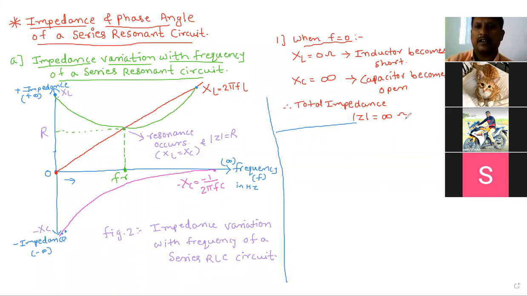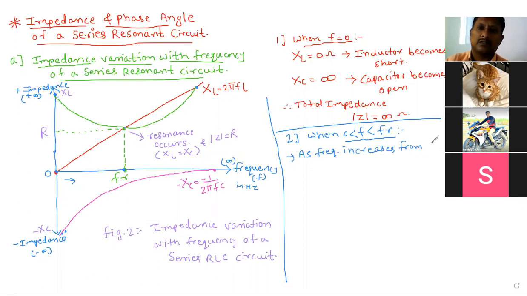Now next point, second one: when frequency is greater than 0 but less than fr. When frequency is less than the resonant frequency and greater than 0, in this region from 0 to fr, tell me what happens. As frequency increases from 0 to fr, XL increases.